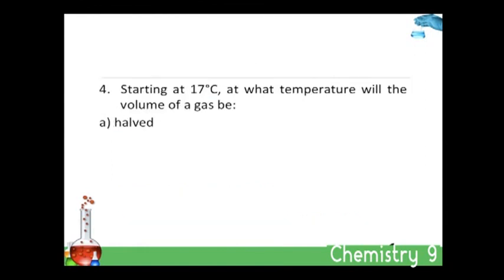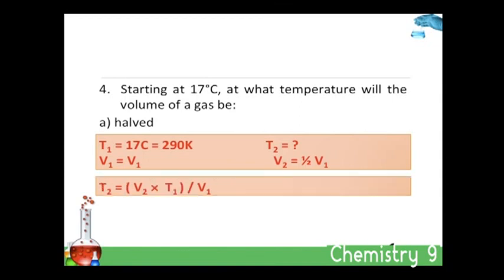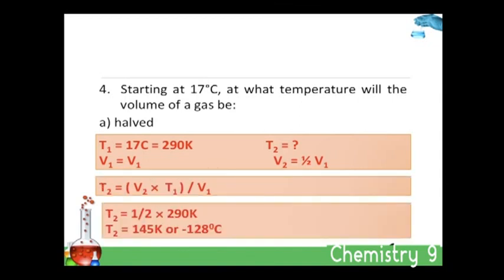Starting at 17 degrees Celsius, at what temperature will the volume of gas be halved? We can use Charles's law. The answer is 145 Kelvin or negative 128 Celsius.